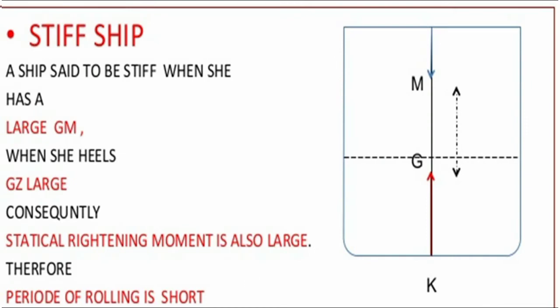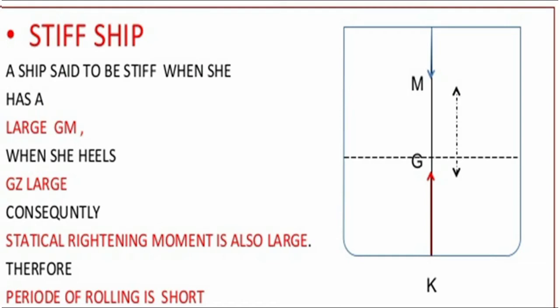So let us repeat so that we will be more familiar. A ship is said to be stiff when she has the following criteria: large GM, large GZ, and large statical righting moment. And its rolling period is short.